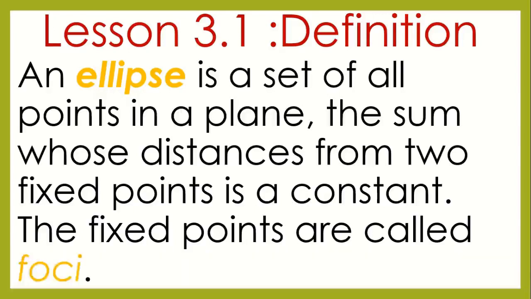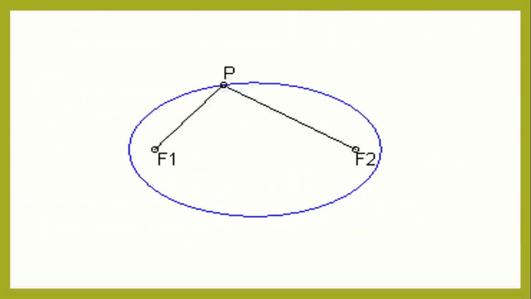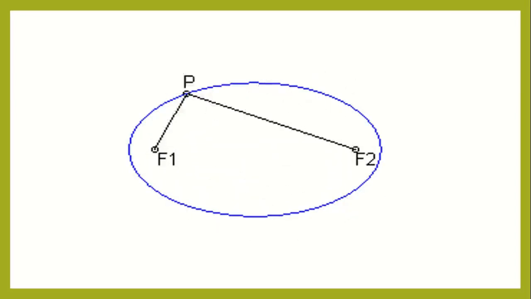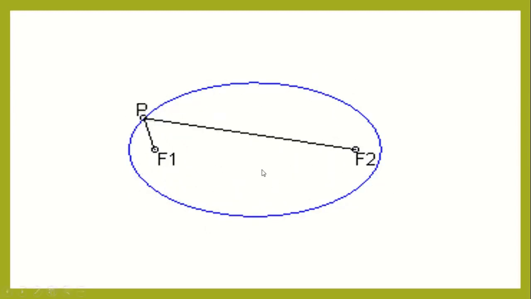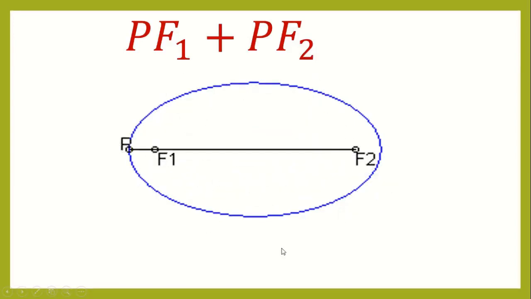So, let me give you an illustration based from the definition of this ellipse. So, ito yung ating illustration of an ellipse. At ganito rin kung paano mag-draw ng curve ng isang ellipse. Now, we have here a point P, any point on the curve of our ellipse.